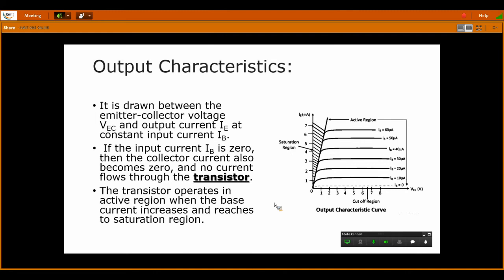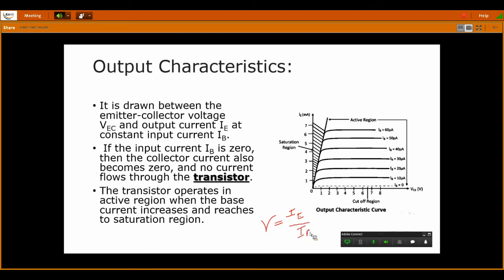common collector configuration. Here we note down the amplification factor gamma, the letter gamma, which is the ratio of the output current to the input current in the common collector configuration. Output current is the emitter current, and the input current is the base current.